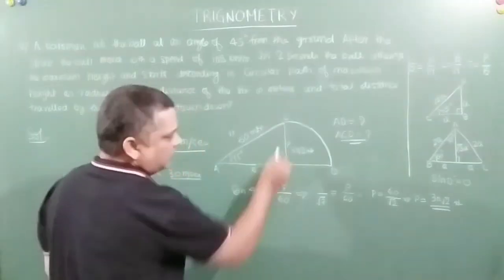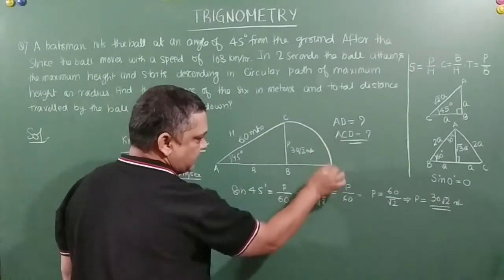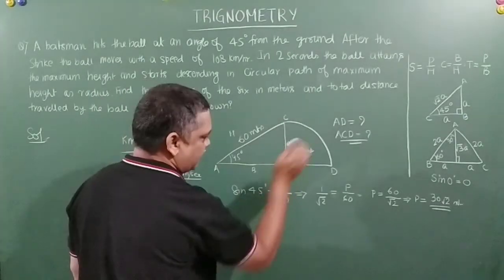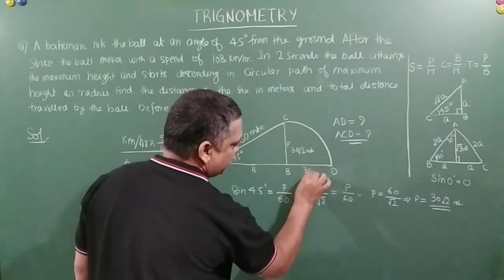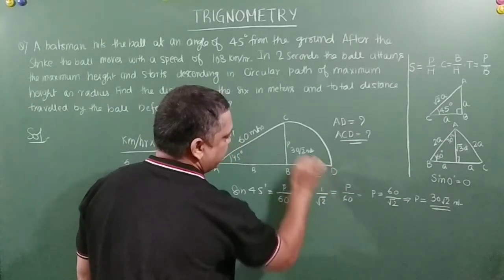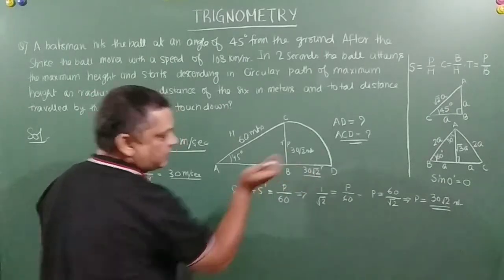Now this becomes the radius of this circle. Circle in the sense I am talking about a quadrant of a circle, a quarter of a circle. So this is R and this is also R. So we have got this 30 root 2.